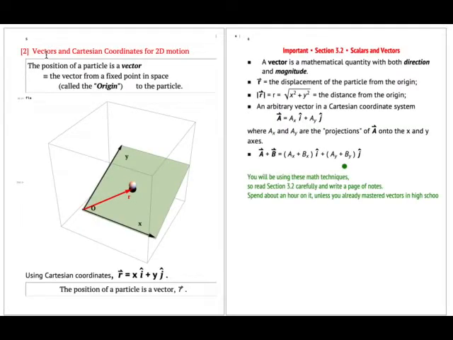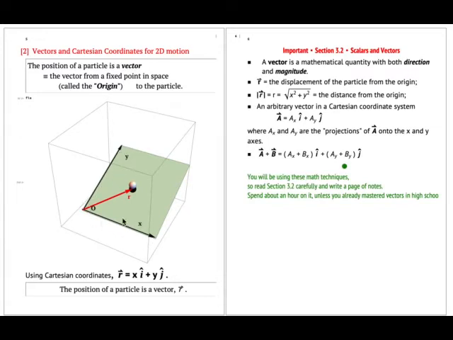All right, so vectors and coordinates for 2-dimensional motion. We have a particle which is moving around on a 2-dimensional plane. So here's a particle. It's moving around on this green plane. Now I can set up a coordinate system, 2 coordinate axes, 2 perpendicular axes, x and y, that span the 2-dimensional plane.